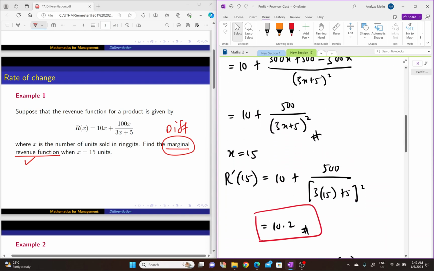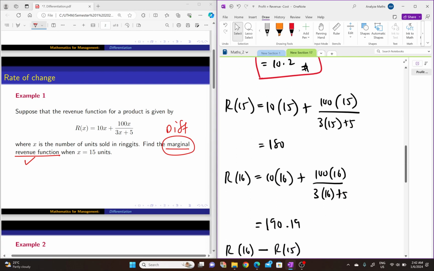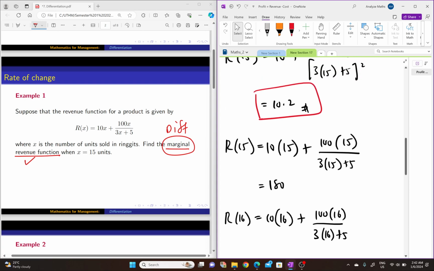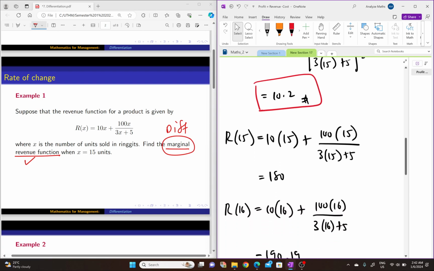This is the revenue function here. And they want the value x equal to 15. You replace there, you get 10.2. What is this 10.2? It is actually the difference between 16 and 15, or in other words, the increment in revenue after 15 units. That is the 10.2 here.